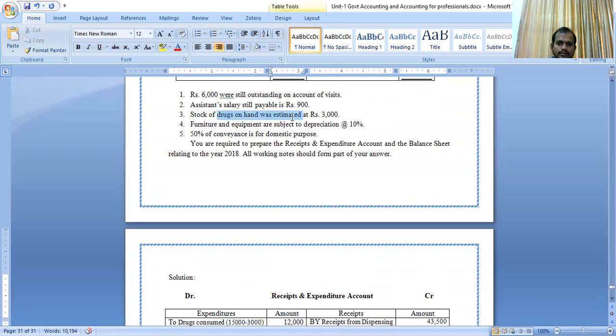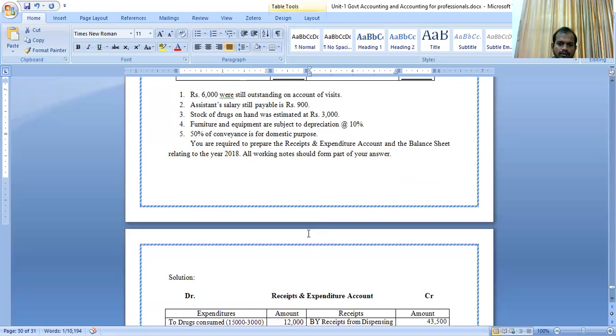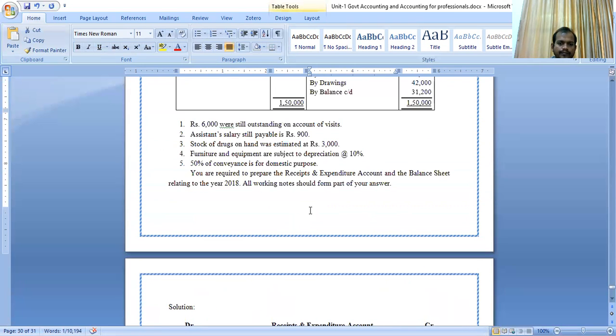Another one, stock of drugs. So we have to evaluate the drugs consumed during the year. So purchases minus closing stock, that is 12,000.